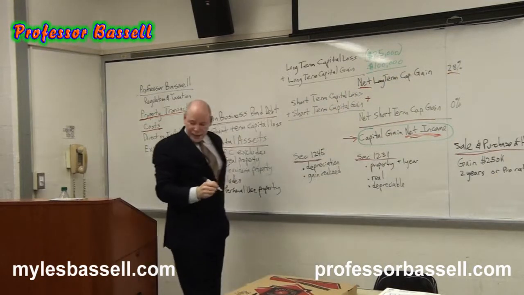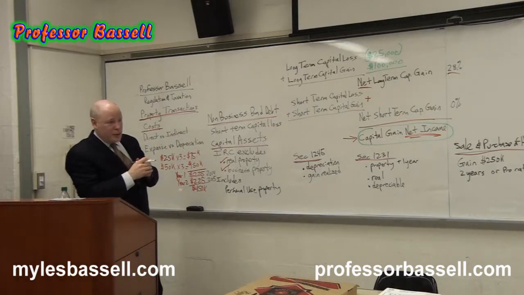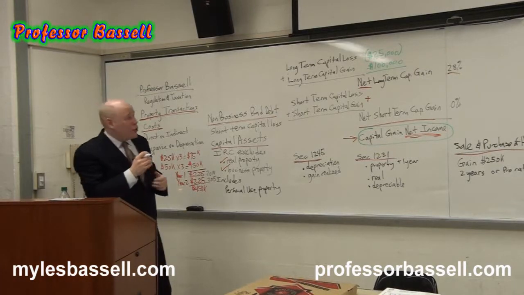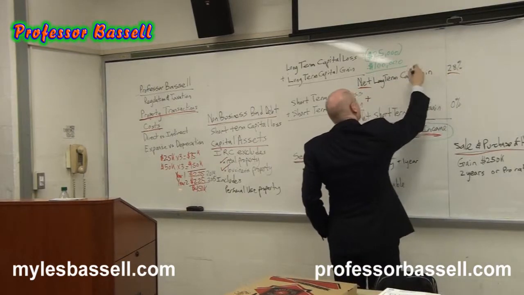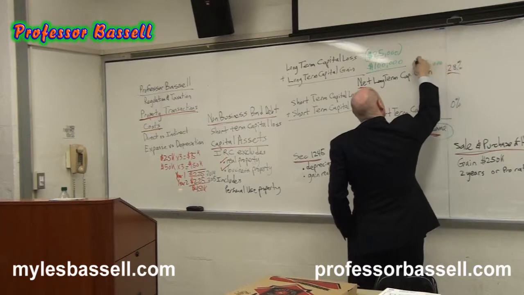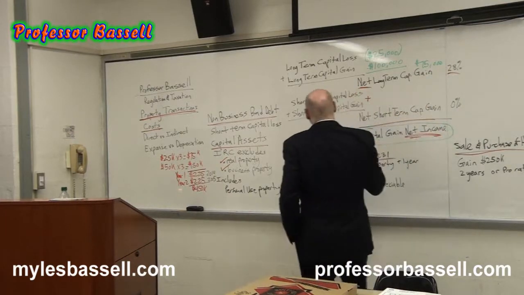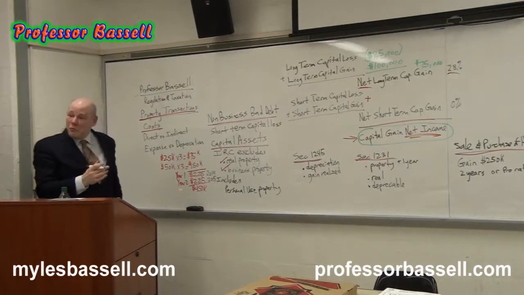We also have a gain. So what we do is we use that information to determine the net long-term capital gain. So in this case, what is the net long-term capital gain going to be? How much? $75,000.